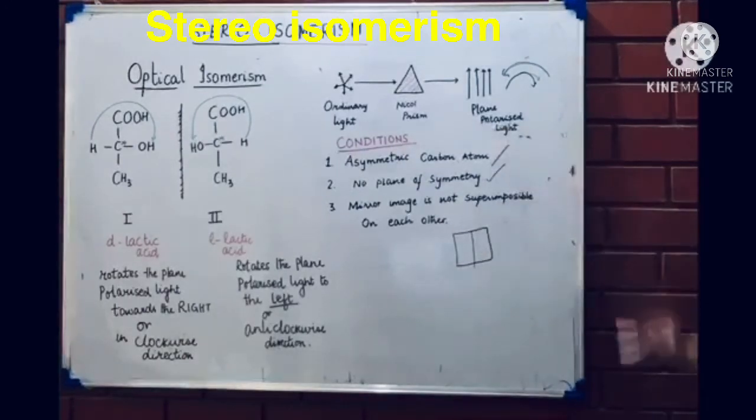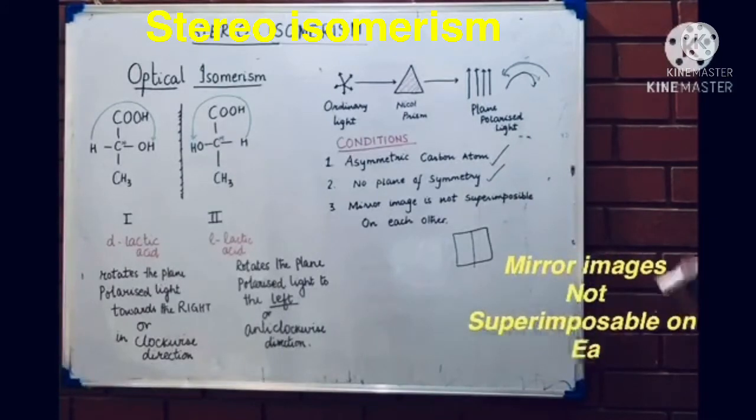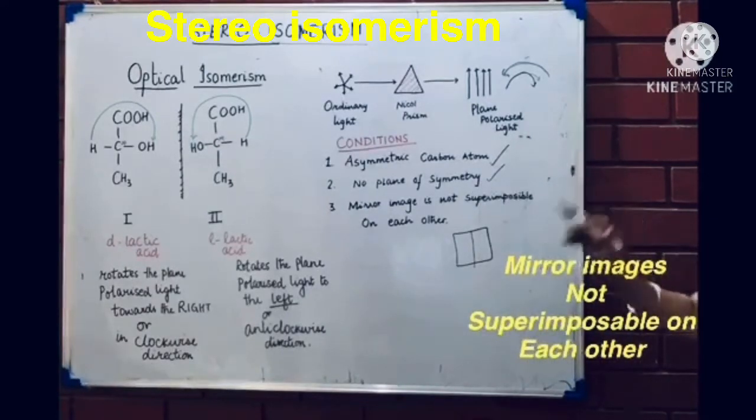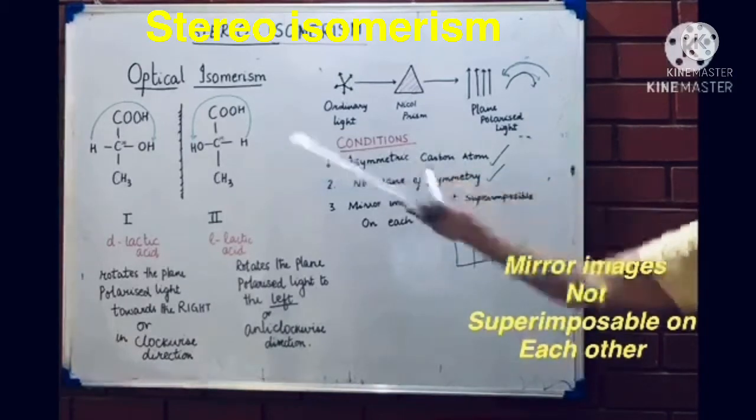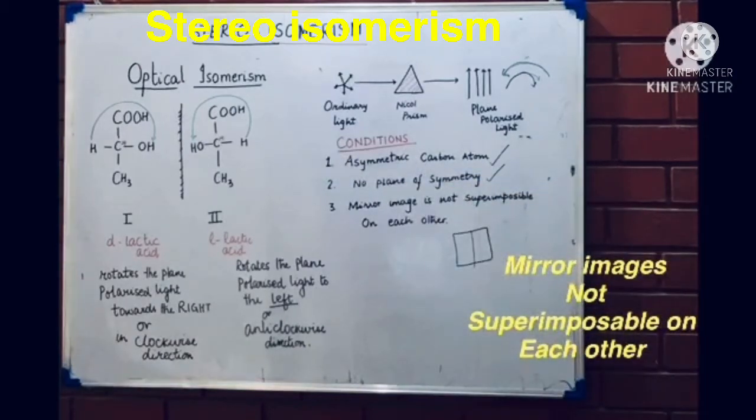See, in that compound, COOH, CHOH, CH3, if I make a mirror image of that, I place a mirror in between. This compound is not superimposable on the other compound. See how it is not superimposable. This was the asymmetric carbon atom.